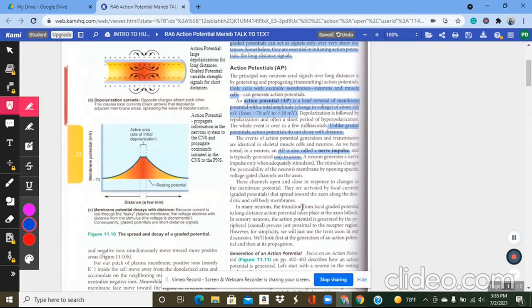So these channels open and close in response to changes in the membrane potential. They are activated by local currents, also known as graded potentials, that spread toward the axon along the dendritic and cell body membranes.